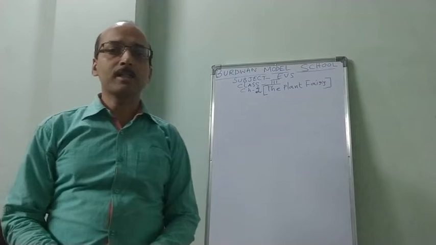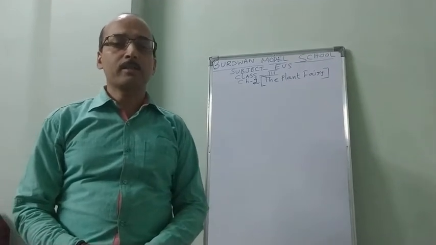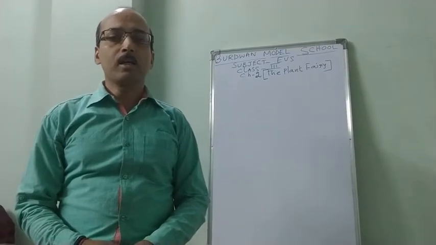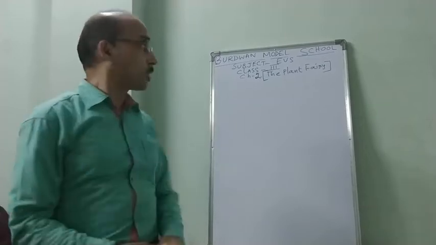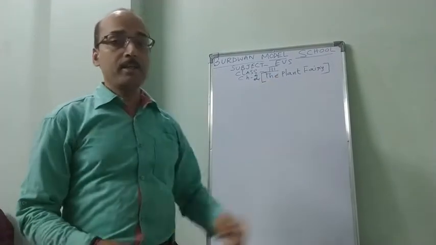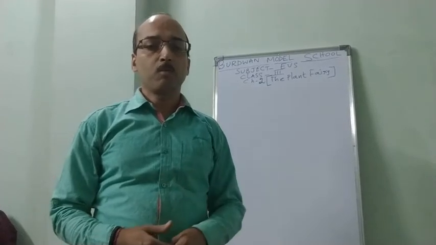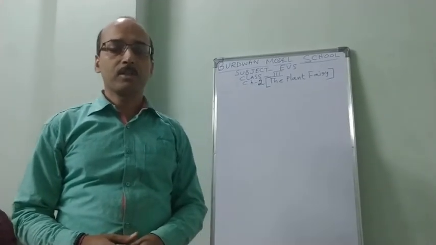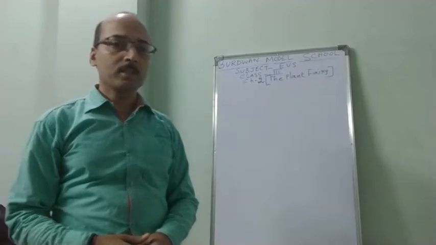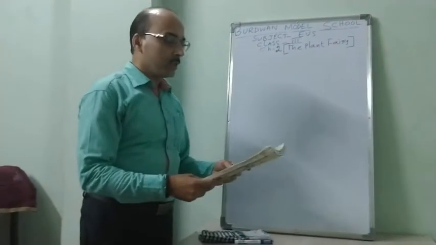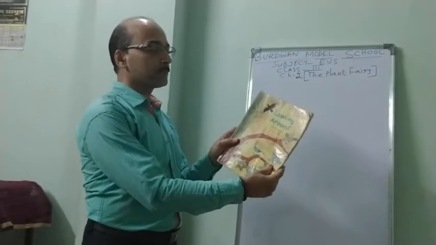Before starting the class, we have discussed some portions of chapter 2, the plant theory. Some portion is left. Today we will continue with the remaining portion of the chapter. So let us start. This is your book Looking Around by NCERT.